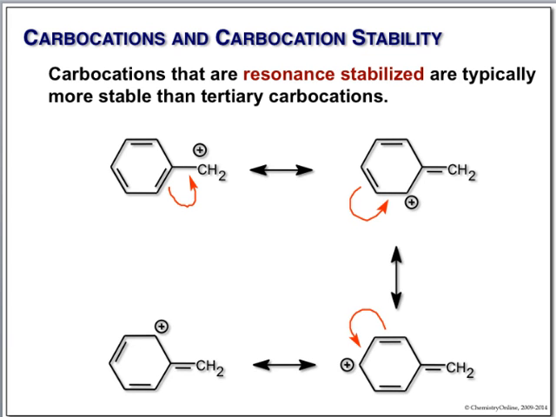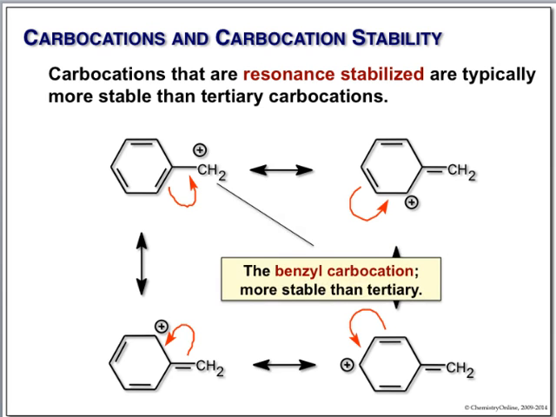The conclusion is that we have positive density on the CH2 and on each of these ring carbons. We do this one more time, we're back where we started. As a rule, any resonance stabilized carbocation is going to be more stable than a tertiary. Any questions?